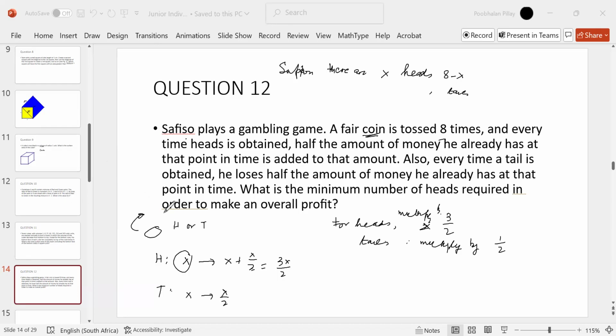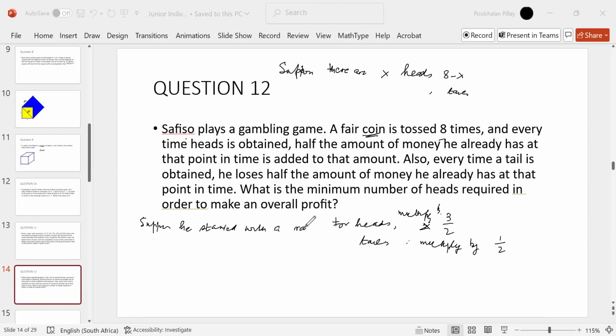Okay, we don't know what he started off with. So just imagine, suppose you started off with an amount, let's call it A. Right, so there's A, starting point, first throw.